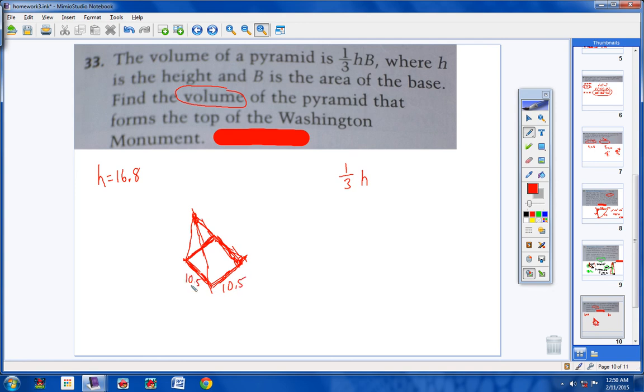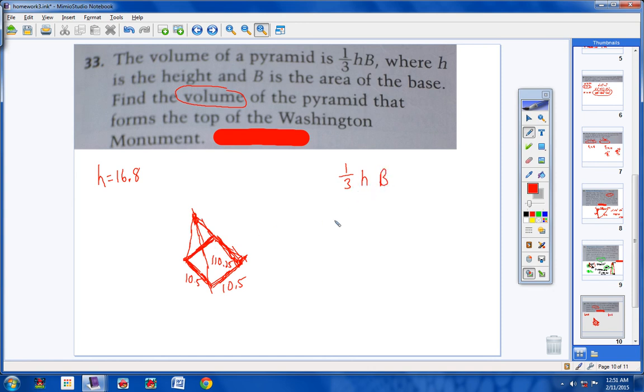So the area of the base is going to be 10.5 times 10.5, which is 110.25. So the whole area of this base right here is 110.25.